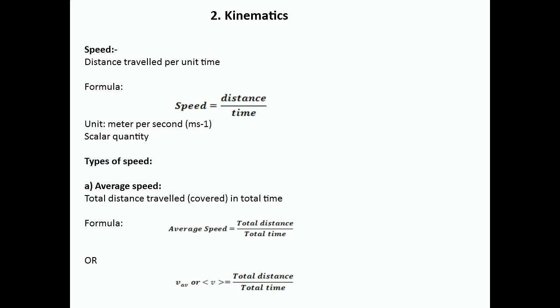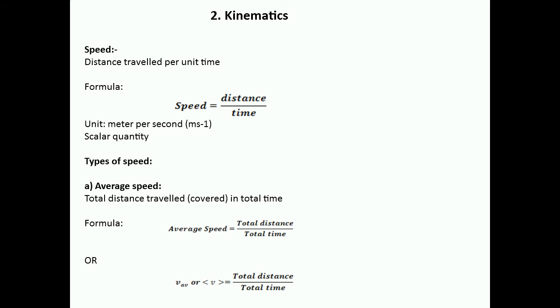There are a total of three types of speed, in which the first type is average speed. Average speed can be defined as the total distance covered in the total time. For example, if I go from point A to point B, and then to point C, I will take the total distance and divide it by the total time.